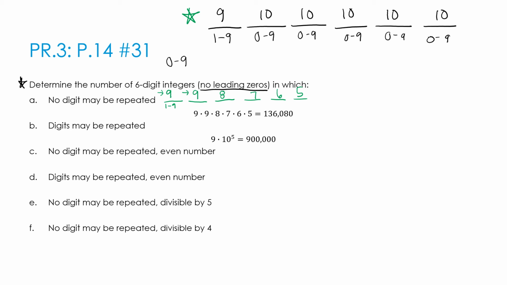So now that we've done the easier ones, let's take a look at the ones that may hurt your brain a little bit. This one says no digit may be repeated and it's an even number. So we're kind of looking at this one, but we're saying this guy has to be even. So you might be thinking, well, that works because there's 5 even numbers, so let's just go with it. Okay, that's not going to work. Here's why.